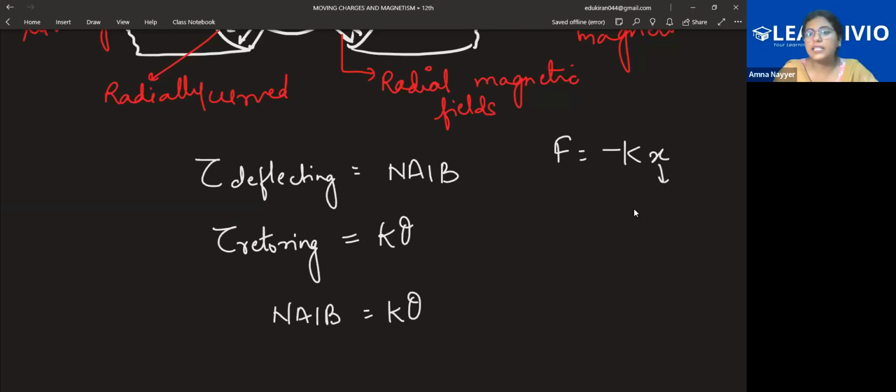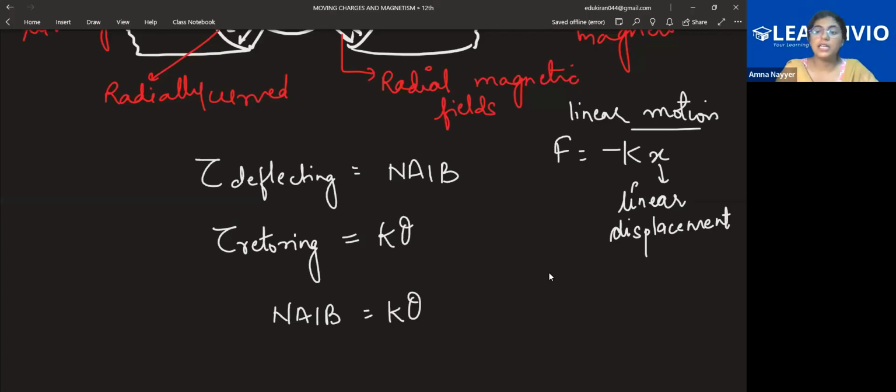So this is the linear displacement, and it is valid in case of linear motion. Now, if you have rotational motion, that also we have studied. Remember torque's condition, this is not new.